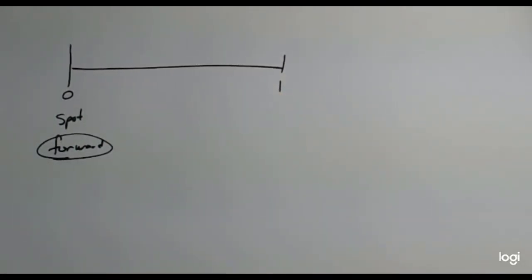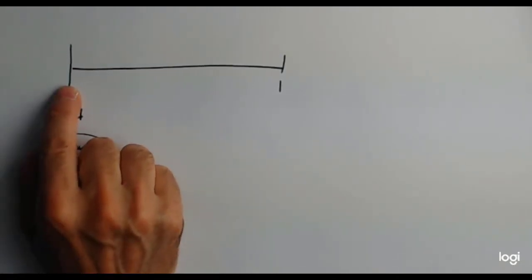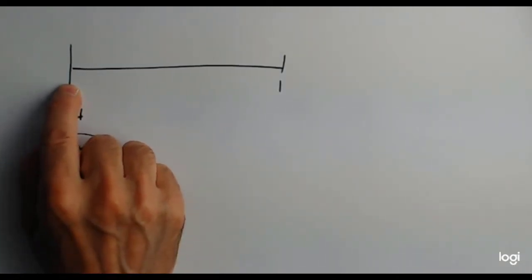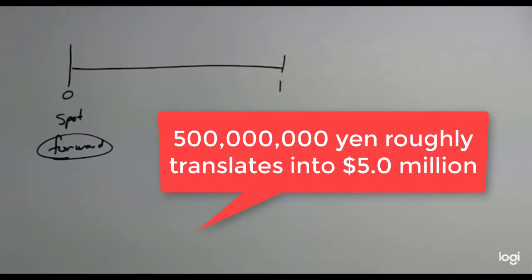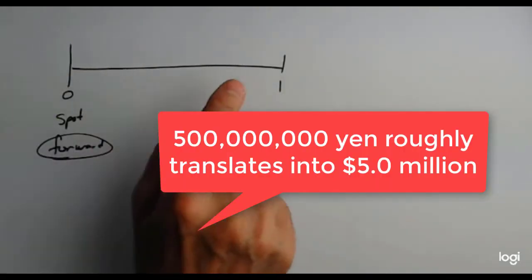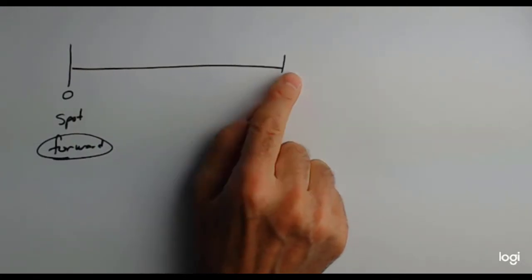Now, why would anybody want to do this? I mean, obviously it's to get rid of risk, but let's look at a couple examples. Let's say you're sitting right here and you're going to import cars worth $500 million in yen. And you want to have the dollars to be able to do that at this point in time. But boy, you don't know how much that 500 million yen is going to cost.